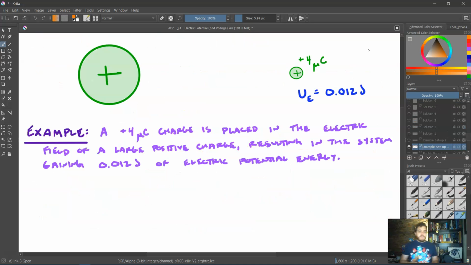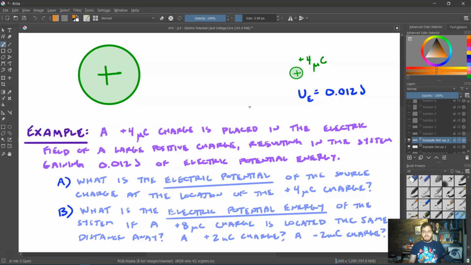So let's look at an example. Let's say we have a +4 microcoulomb charge. It's placed in the electric field of some large positive charge. We don't know what that charge is. And it results in the system gaining 0.012 joules of electric potential energy. So when we place that little charge there, this much electric potential energy is created.